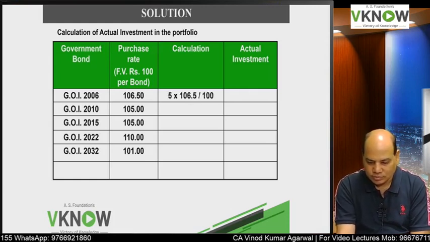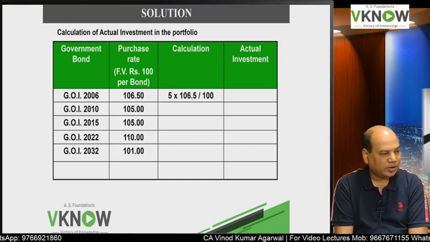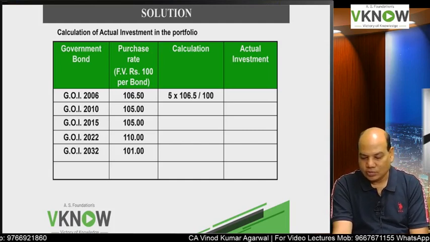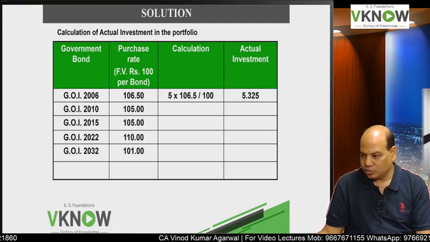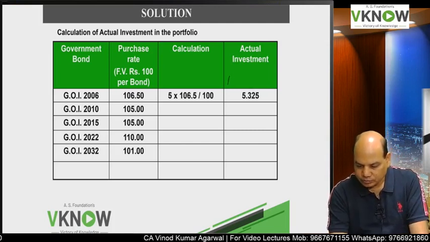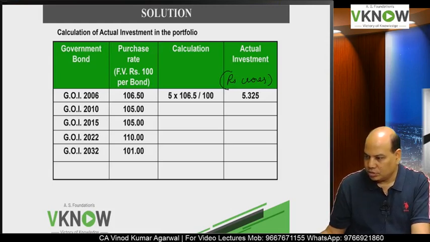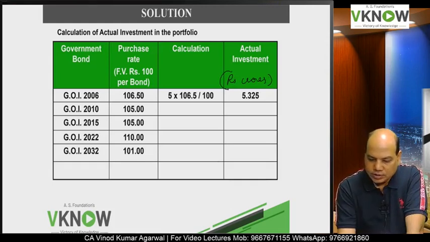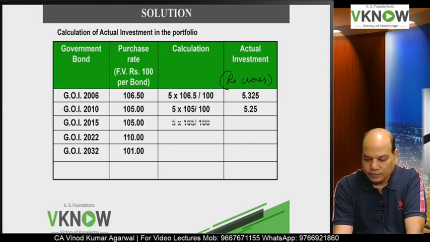Calculation. 5 into 106.50 divided by 100. So the amount invested in the first bond is 5.325. Right here, rupees in crores. Okay, continue in the same way. The next answer is 5.25.